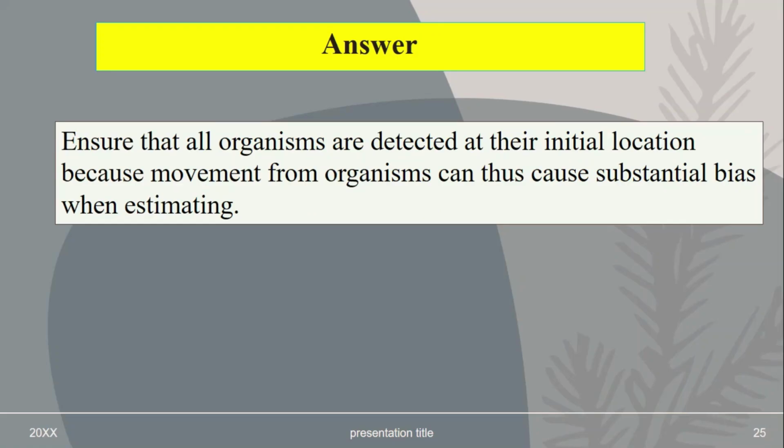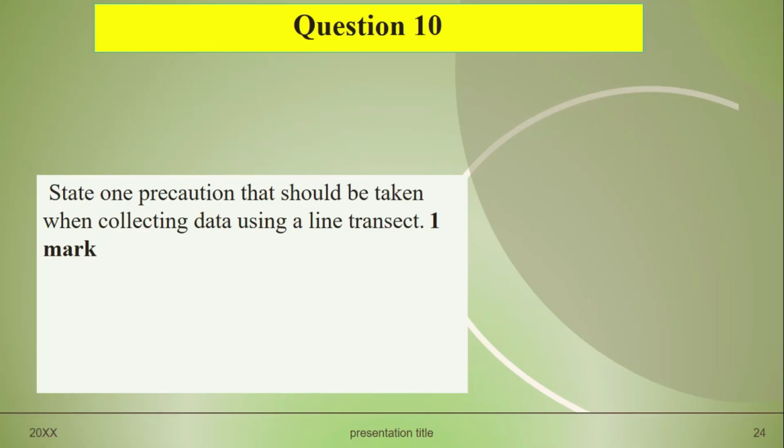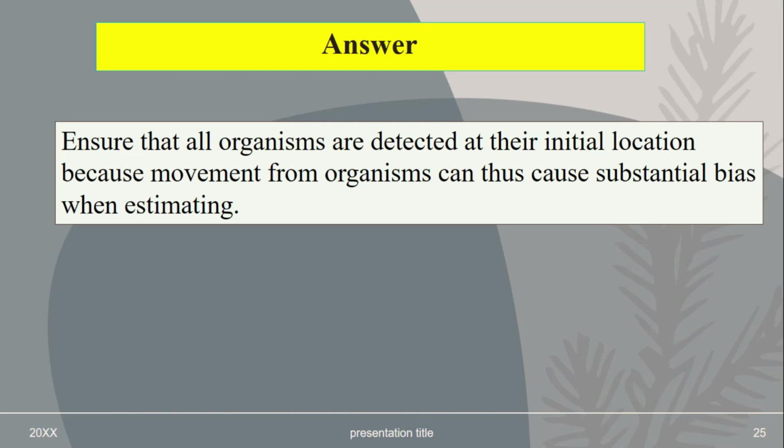The answer says ensure that all organisms are detected at their initial location because movement from organisms can cause substantial bias when estimating. All right, so the line transect is done for plants, but you have to ensure that there's no movement of the plants. So bear that in mind.